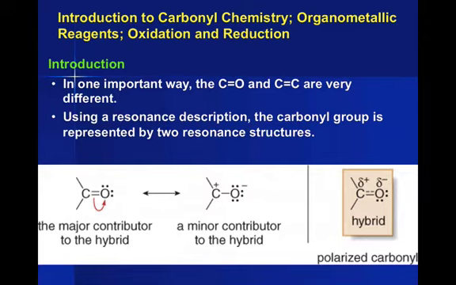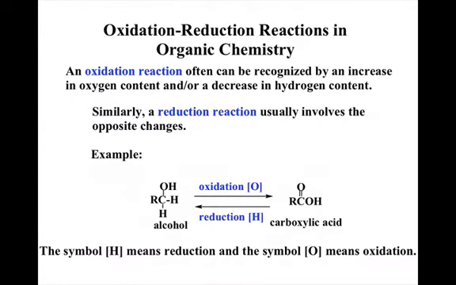But here we have clearly different atoms with different electronegativities. And so even though this is a minor contributor to the overall resonance hybrid, it's relevant. We should be able to exploit the fact that the carbon is actually electron deficient, so nucleophiles can attack the carbon of the carbonyl. And we'll play around with that in chapters to come as well.